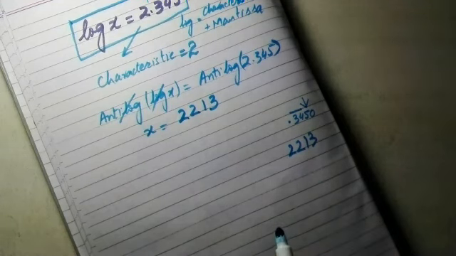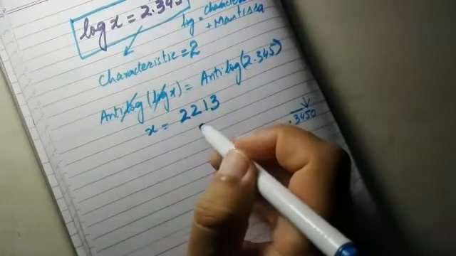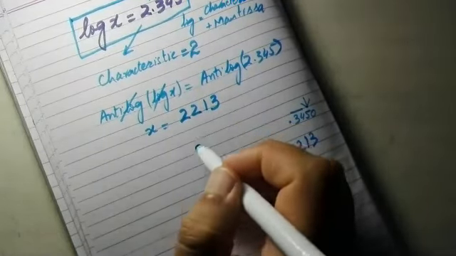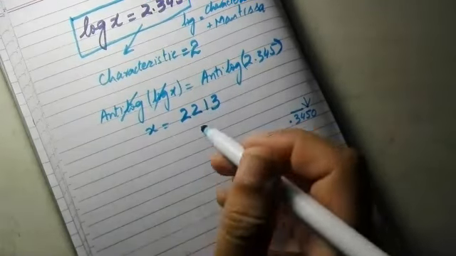Now we have to decide where the decimal sign should be. The characteristic will help us place the decimal sign.